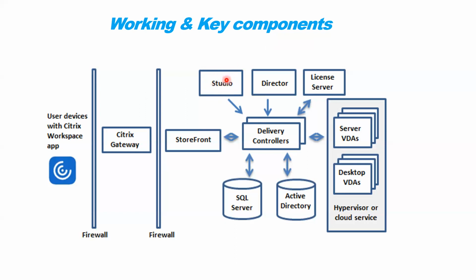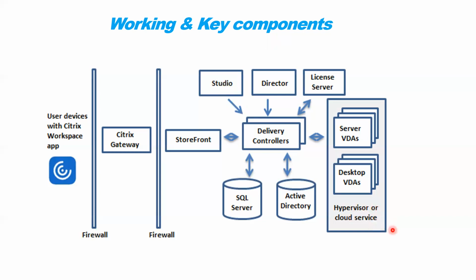Okay, if I'm talking about the core components of Citrix, they are the delivery controller, Citrix Studio, Citrix Director, license server, and StoreFront server. The hypervisor is an additional thing. Why? Because it's not always mandatory to use the Citrix hypervisor.